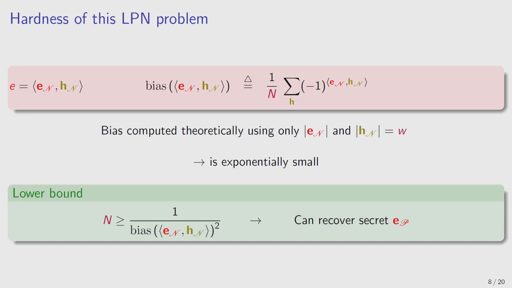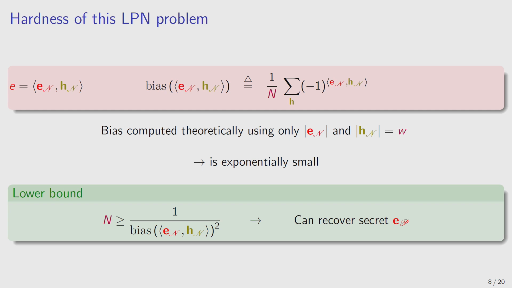Okay. So now one of the key questions is what is the hardness of this LPN problem? In fact, it's a hard LPN problem. So how do we estimate it? We have the noise term, I recall to you, En dot product Hn, and the key component here is the bias of this quantity. It's defined as the probability over the samples that En dot product Hn is equal to 0 minus the probability that En dot product Hn is equal to 1.